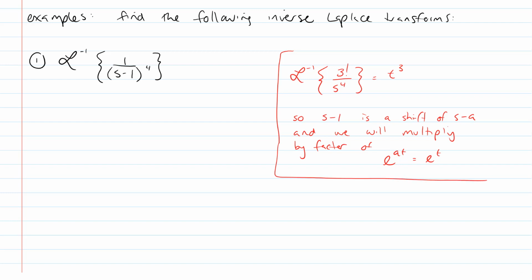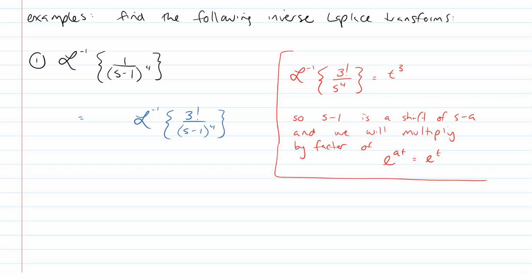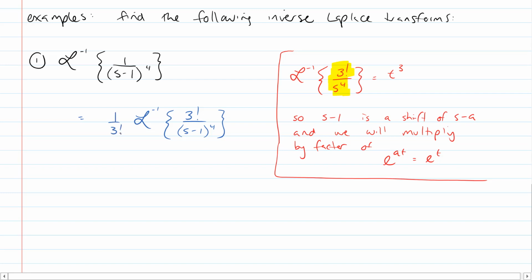So going back to our Laplace transform on the left, what we really want is the inverse Laplace transform of 3 factorial over (s minus 1) to the fourth, so that it looks like the functional form that we have inside the brackets over here. And in order to make this equality true, we're going to be dividing by 3 factorial as well.